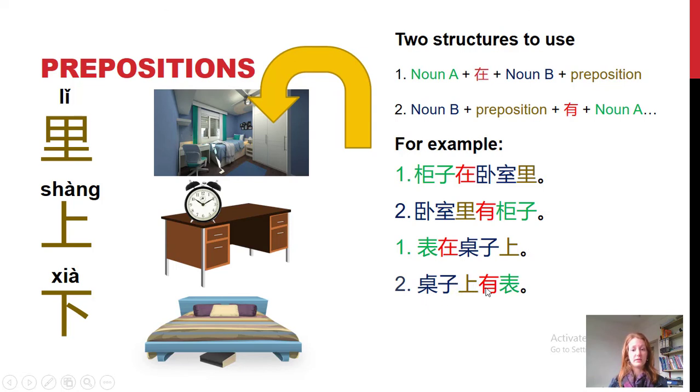On the table there is a clock. Now using 下, 书在床下. The book is under the bed. Using the second structure we can say 床下有书. Under the bed there is a book.